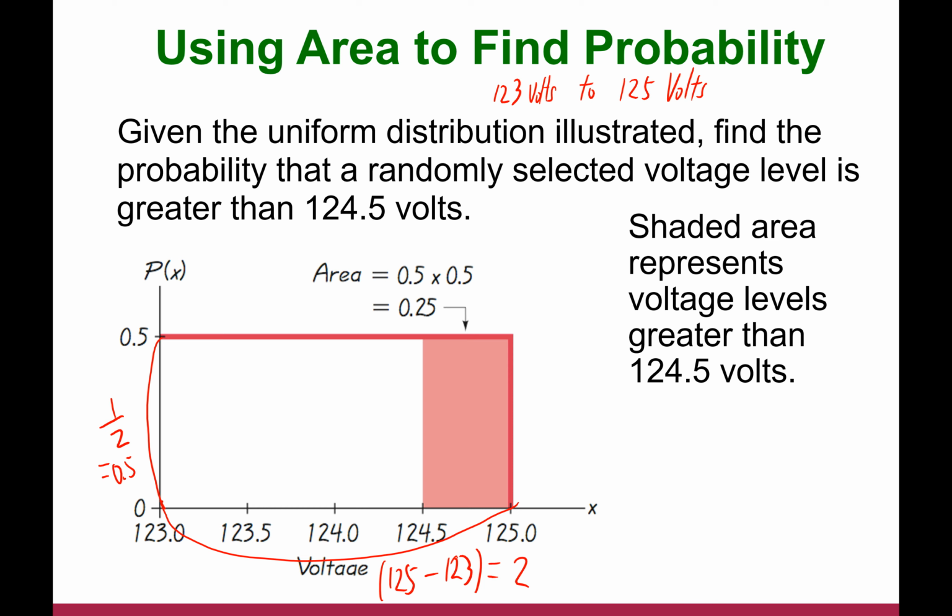So we're looking at voltage level which is greater than 124.5. So we're looking at this particular rectangle area here, between 124.5 and 125. We're still using the base. Now the new base is 125.0 minus 124.5, times the height.